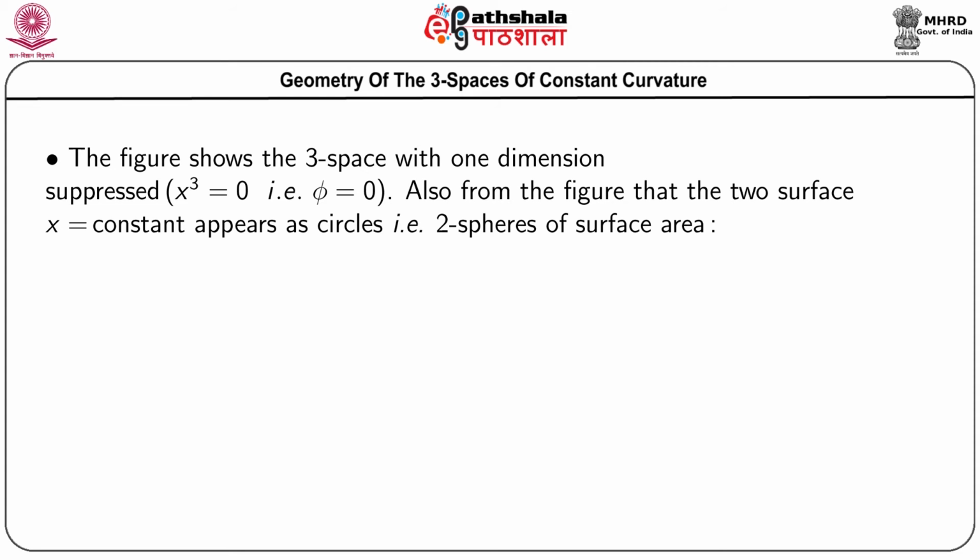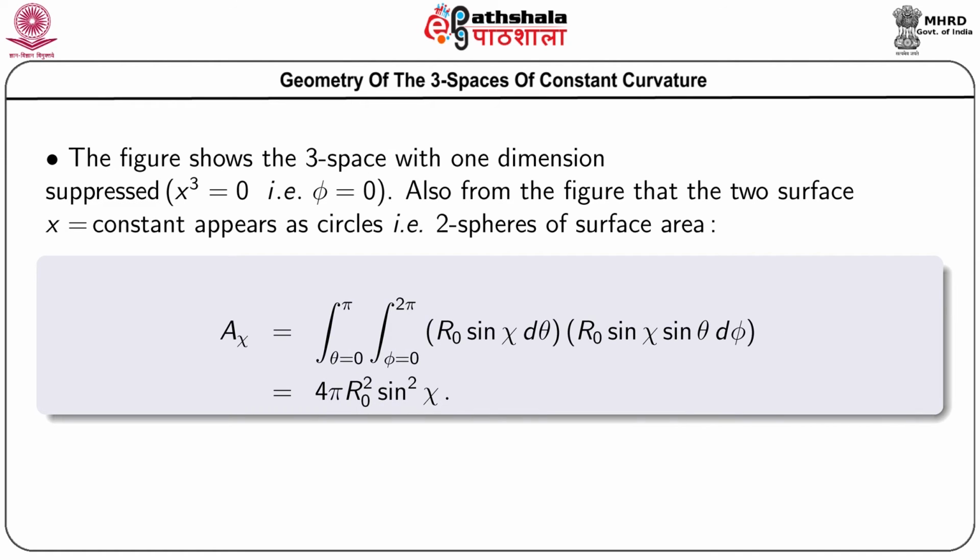And also from the figure we see that the surfaces χ equals constant appear as circles, that is, two spheres of surface area, this one, the double integration, θ from 0 to π and φ from 0 to 2π, of r0 sin χ dθ times r0 sin χ sin θ dφ, and after the integration we get 4π r0² sin²χ.